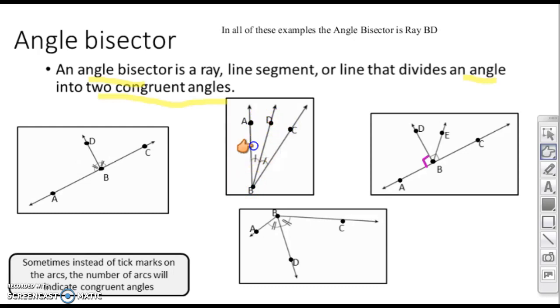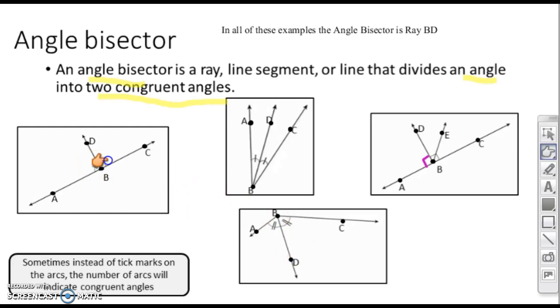These are two adjacent angles, two smaller angles that form the larger angle, but now it is dividing it in such a way that they're both congruent angles. You can have a ray that divides an angle into two parts, and it doesn't have to be congruent, but if they are congruent, then it's called an angle bisector. Over here, again, BD, angle bisector, and over here, BD, angle bisector.